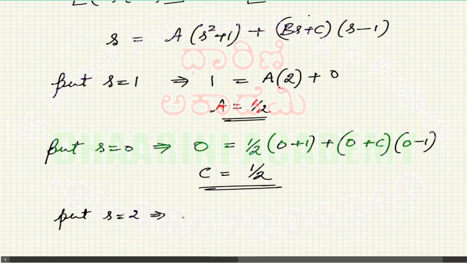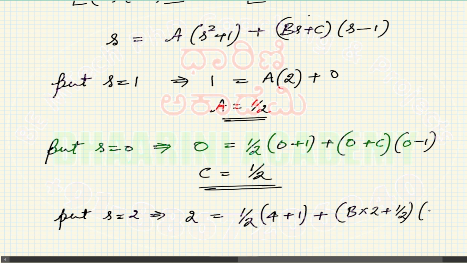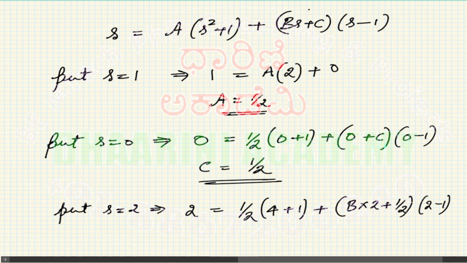That means left hand side is 2 is equal to A value is known to you. So this is half of s square, 4, plus 1, plus B into this is 2, plus C value is half into this is 2 minus 1. So this is the equation which you have to solve now to get the value of B.